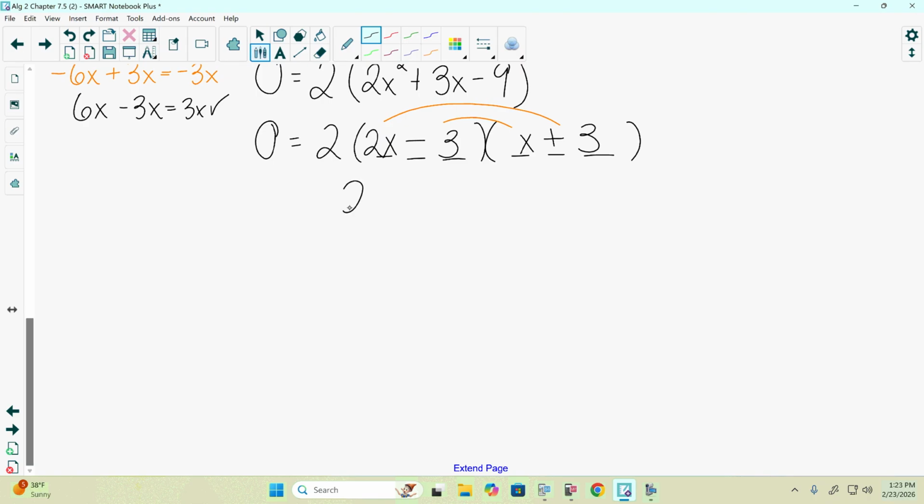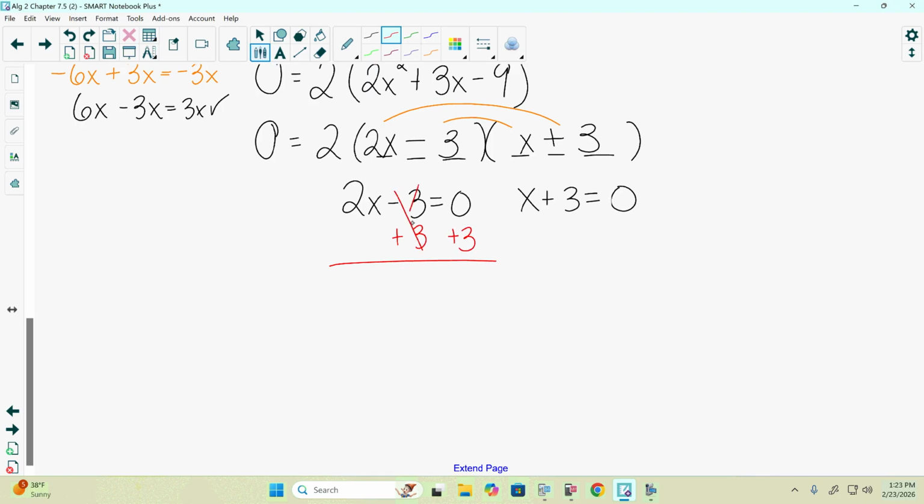And we also have two or more things multiplied together that equals 0. So we're saying that either 2x minus 3 is 0 or x plus 3 is equal to 0. And at this point here, we can solve for x.